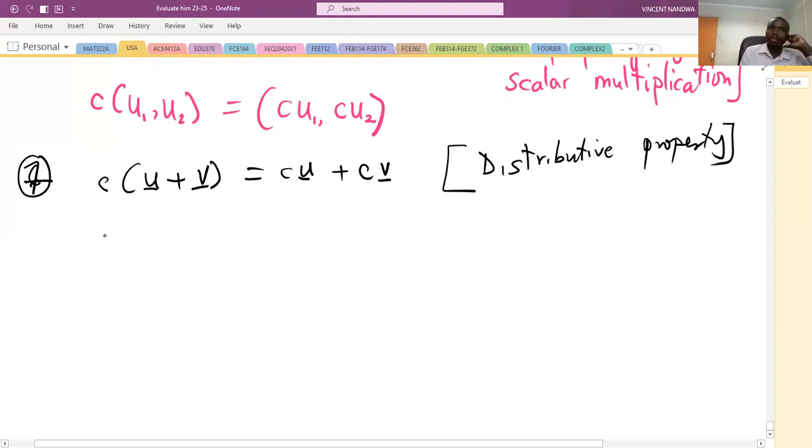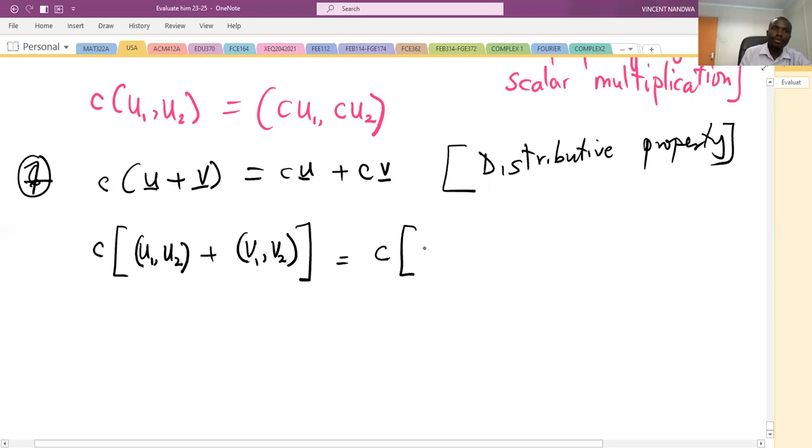So you have C and then U1, U2 plus V1, V2. This is the same as C into U1 plus V1 and then U2 plus V2.